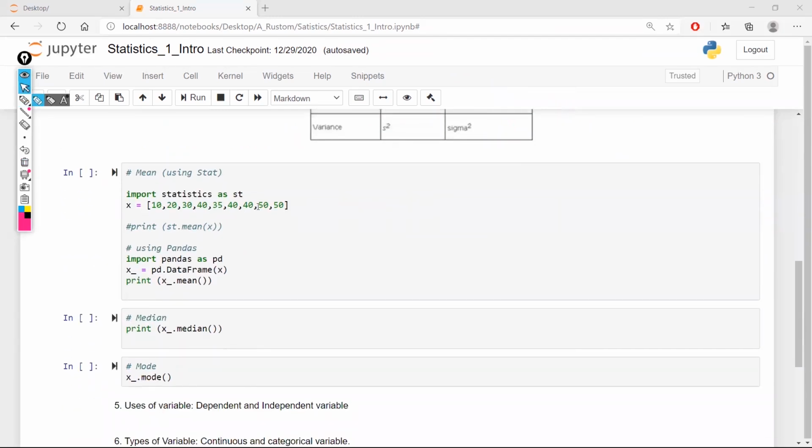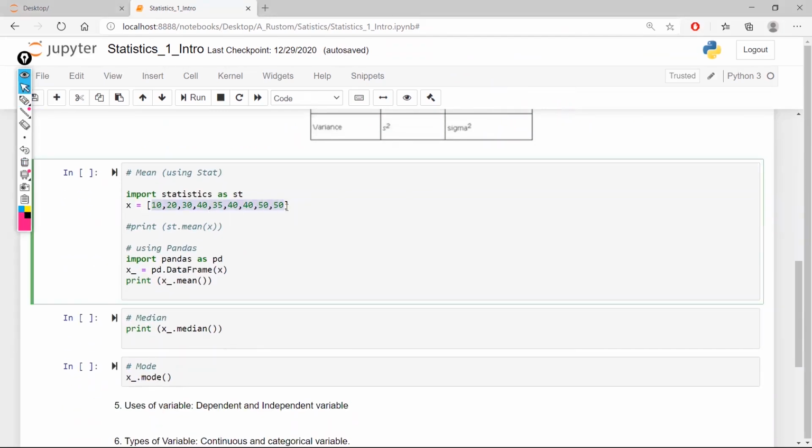Here I have some data, as you can see: 10, 20, 30, some numbers. I'm going to use mean, median, and mode to find the values. If I want to use pure statistics, I'm going to import statistics as ST. Going forward, I will use only ST. Let's not get into pandas.